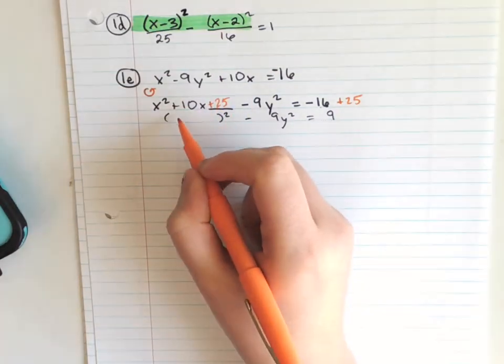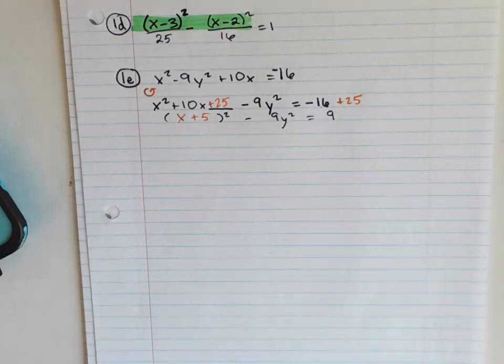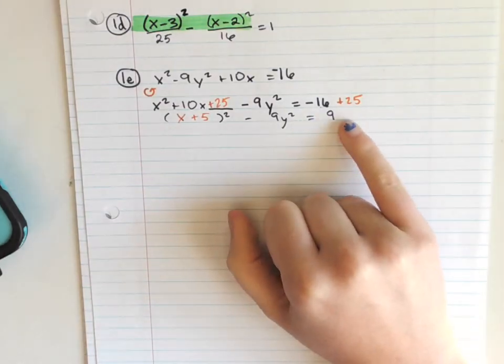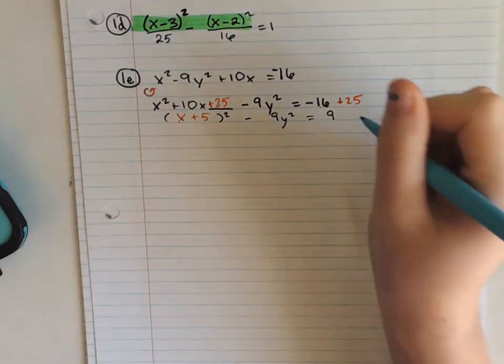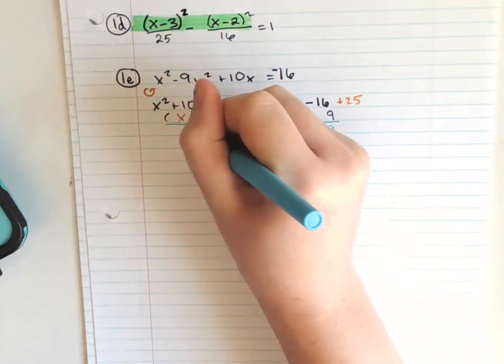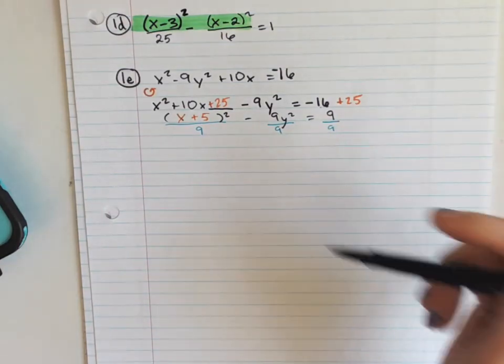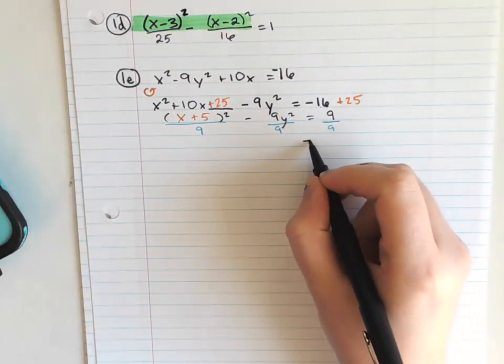If we factor this, it's going to be x plus 5 squared. Okay. I'm getting closer to what it needs to be, but I still do not have a 1 over here. So what I'm going to do, I'm going to divide everything by 9. So now that I've divided by 9 everywhere, I finally have it equal to 1.